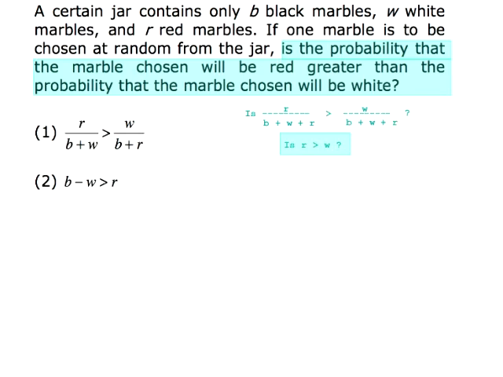Same as with any yes-no question, you have a yes possibility, which here would be that R is greater than W, and then the no possibility would be everything else, so R less than or equal to W.